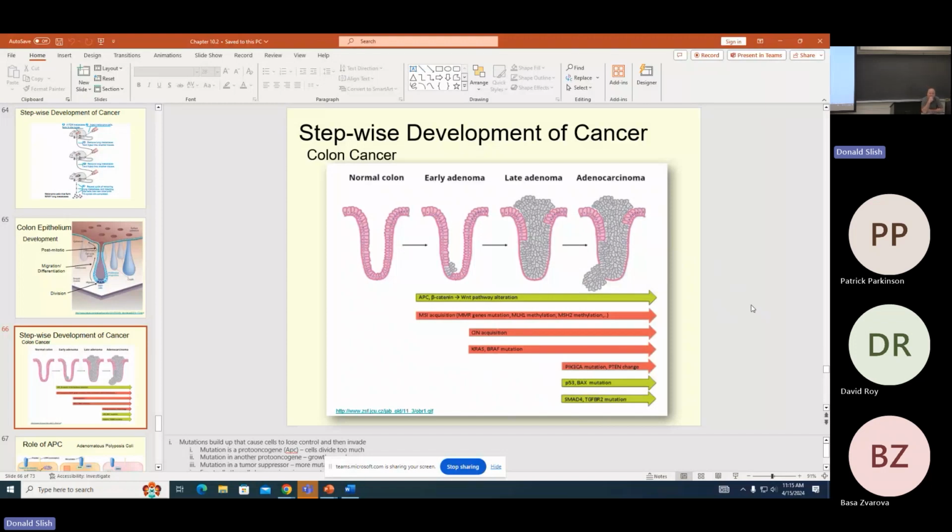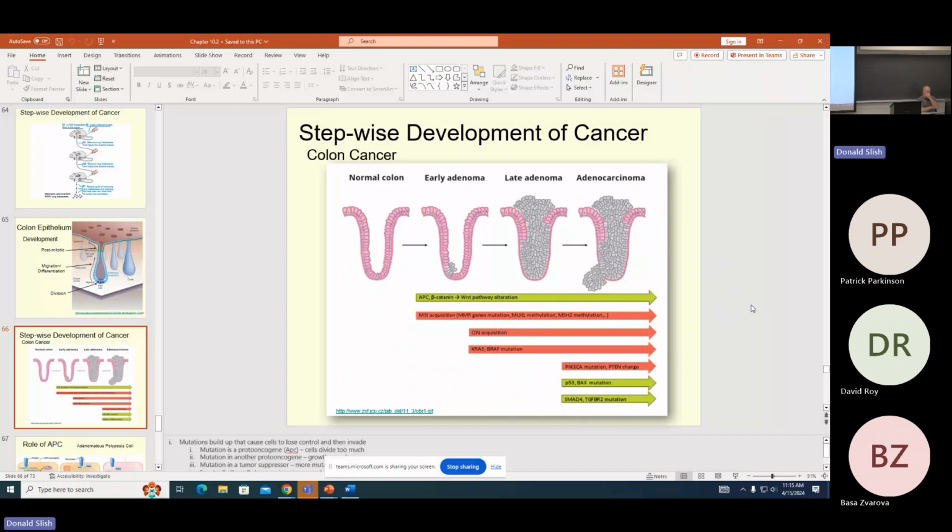Question: Usually when there's cell development, it goes out with the dead cells, like with our skin. How does it cause cells to stick together in colon cancer to become a tumor, versus the cell dying and leaving off? Oh, sloughing off.